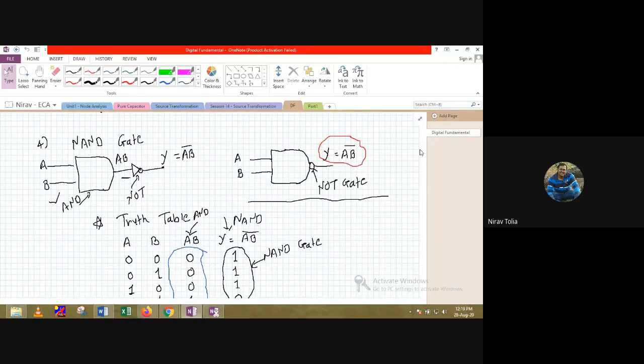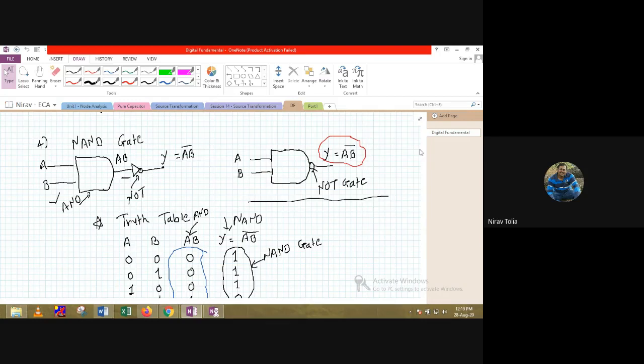You can see the output of the NAND gate is the complement of the AND gate. The output of the AND gate is 0, 0, 0, 1. When all the inputs of the AND gate are high, it gives output 1. But if all the inputs of the NAND gate are high, then and only then it gives output 0. Otherwise, for all other combinations, it gives output 1.